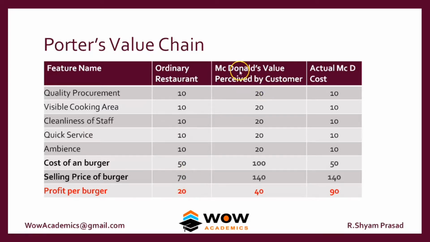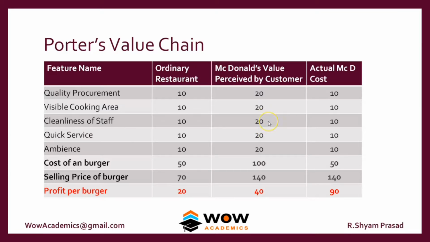See, when a customer goes and buys at McD, he feels that his perceived value, not the actual cost, is different. For the quality he is willing to pay 20 because he can look at the cooking area and see that it's very clean, very neat.